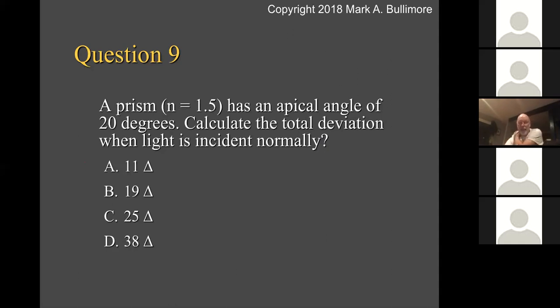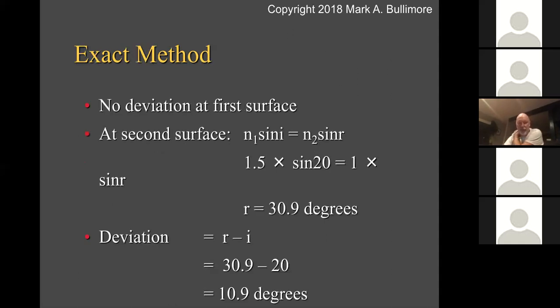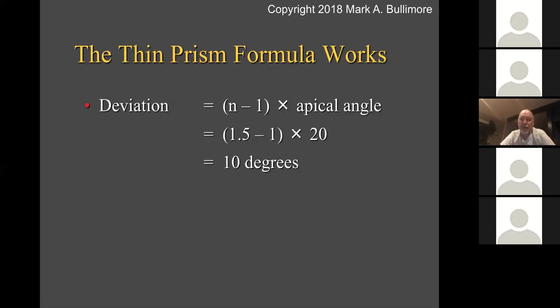Back in first year, you probably learned a 3 or 4 step process, where you would calculate the deviation at the first surface, then trace the light to the second surface, figure out what happened there, and come up with an answer. But for this purpose, you really only need to worry about the thin prism formula, which is deviation equals n minus 1 times the apical angle.